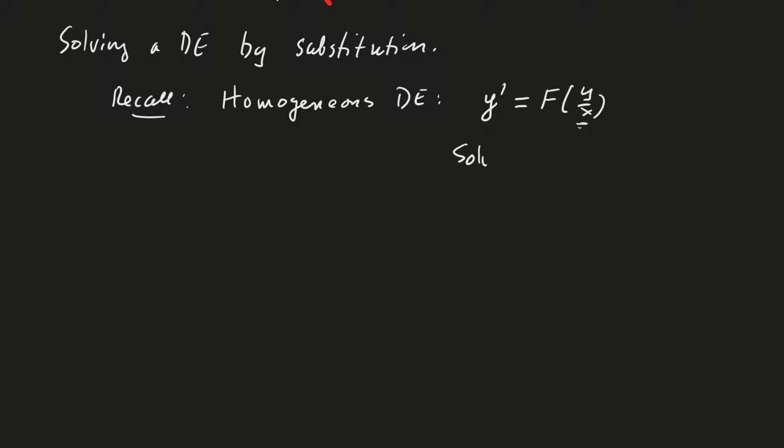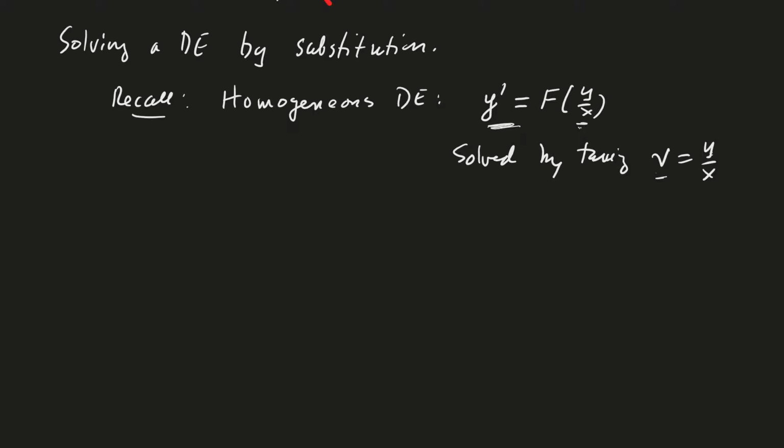We solved by taking v equal to y over x, and then we found a formula for v prime, and then we found a formula for y prime in terms of v prime, and so we made the substitution into the differential equation and we were able to solve it that way.